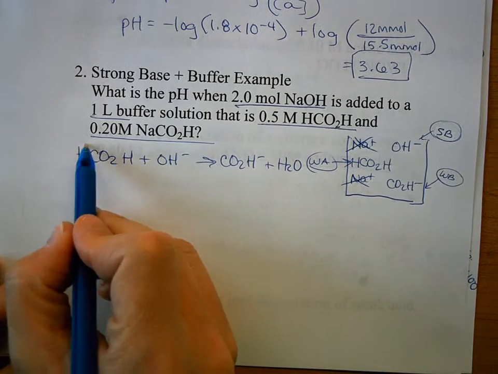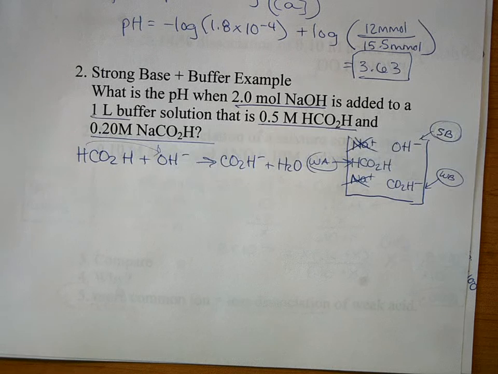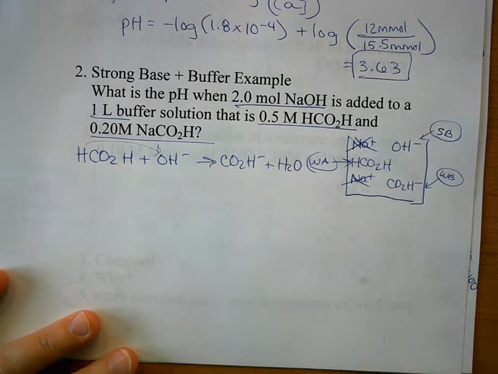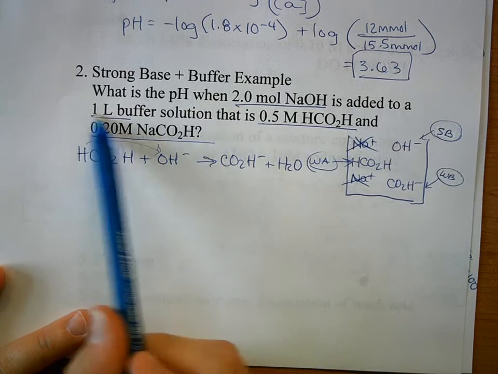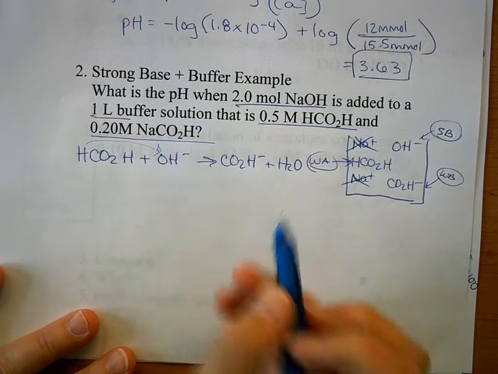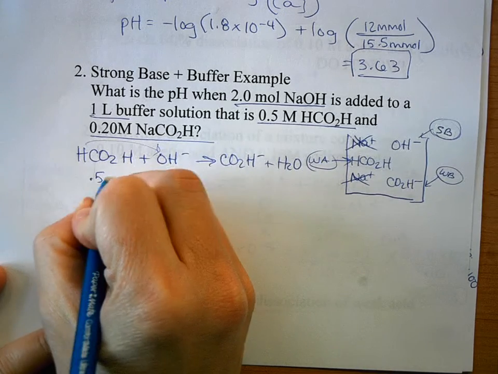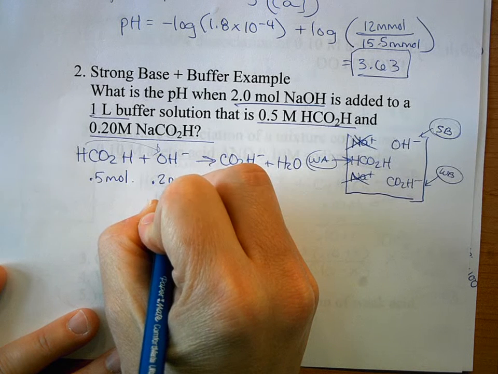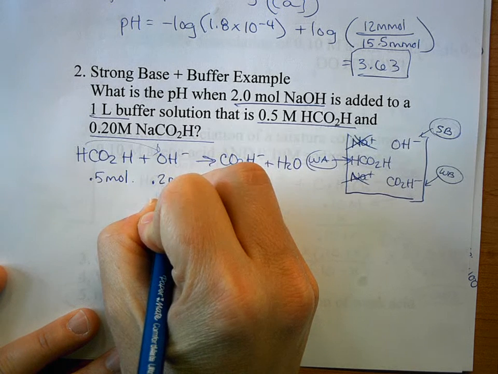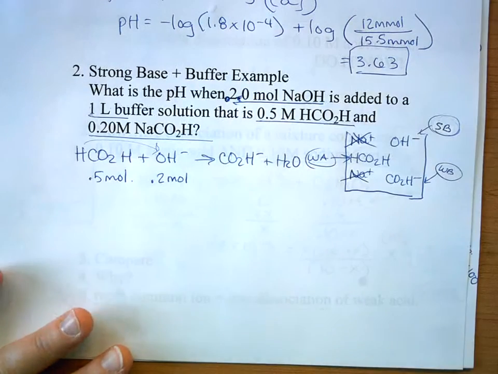Okay, that hydrogen goes over there. Now, go ahead and do the stoichiometry for this. Since we're dealing with moles of stuff and they give me 1 liter, then it's actually really easy. If I have 0.5 molar of this acid and there's 1 liter of it, then I have 0.5 moles. Sorry, I wanted this to be 0.2 moles. 0.2 moles.